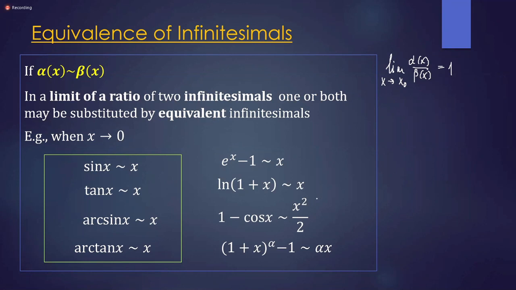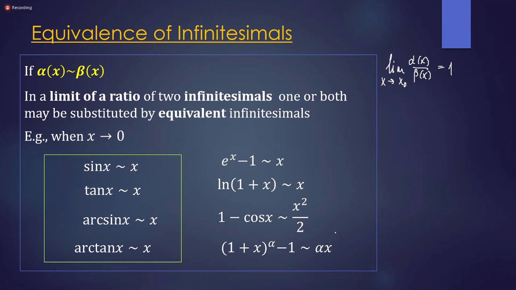That is, if we have 1 plus x squared minus 1, it's equivalent to 2x. If we have 1 plus x to the power minus 1, that is 1 divided by 1 plus x, minus 1, that would be equivalent to minus 1 times x.